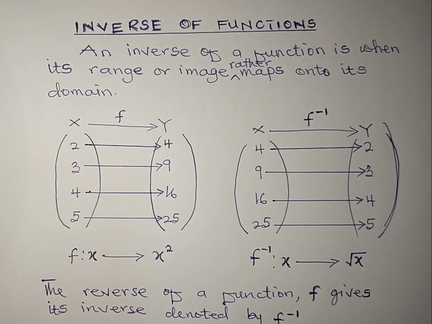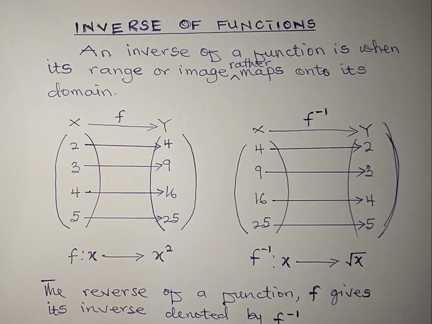So, per the definition, an inverse of a function is when its range, or image rather, maps onto its domain. Now, you know that whenever you are given a function, the domain always maps onto its codomain or range. All right, good.